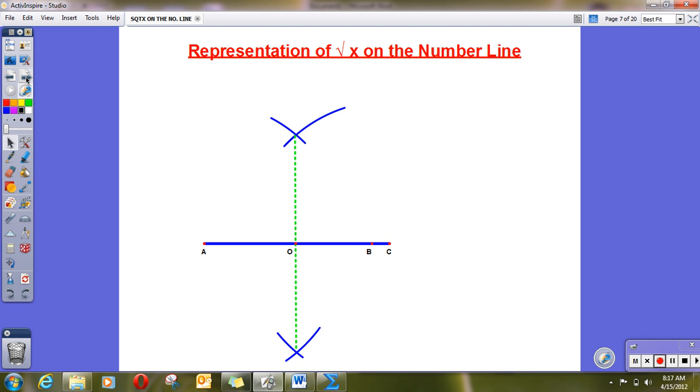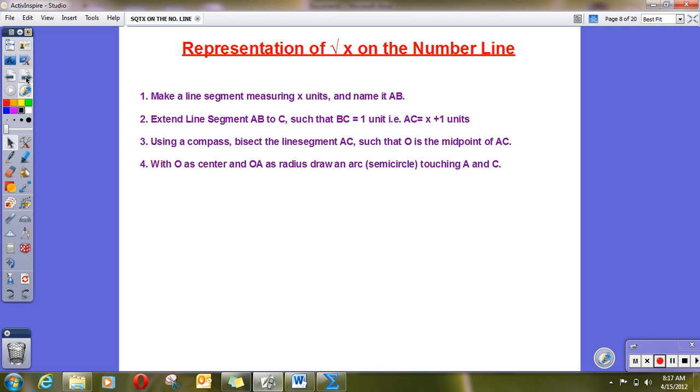We got O as the midpoint of AC by using a compass. Next, with O as center and OA as radius, draw an arc in the form of a semicircle touching A and C.